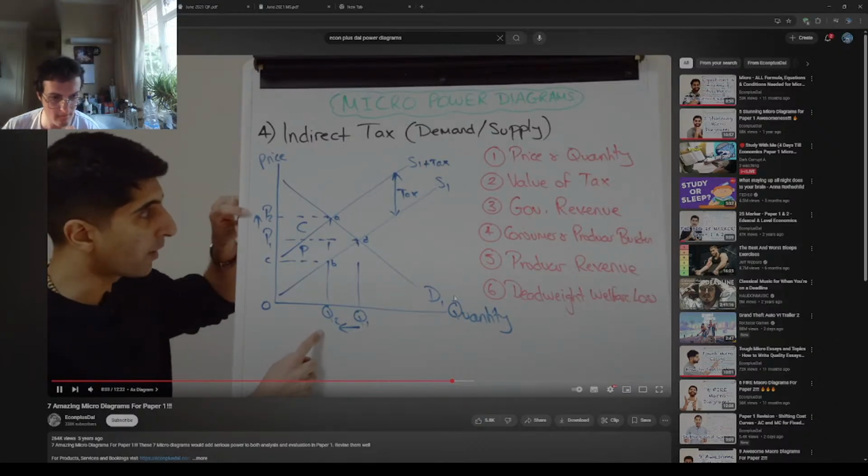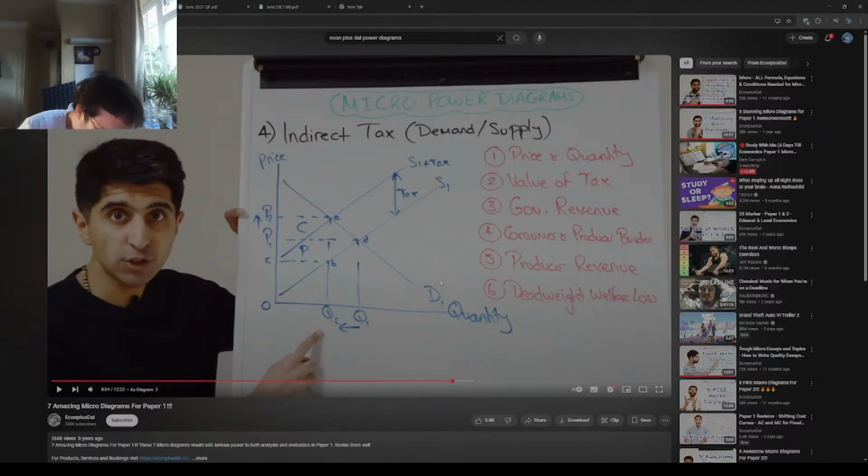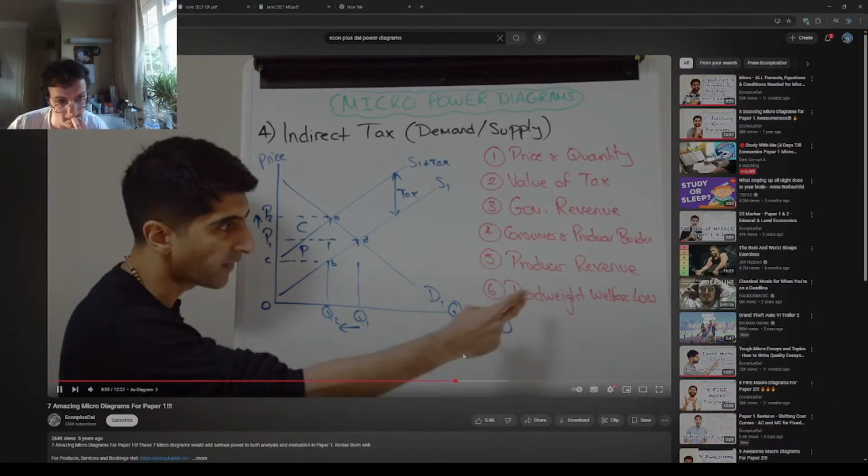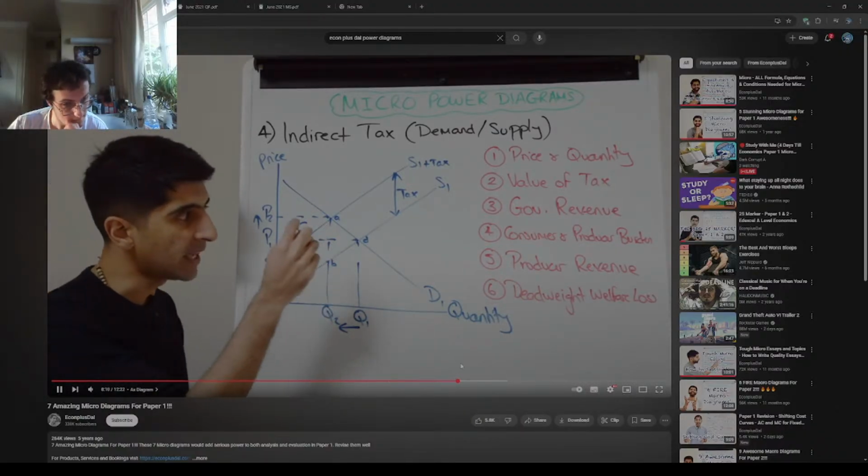Producers are selling Q2 at a price of P. Producer revenue 0 C, I'm going to call this one D, so D C 0 Q1 P2. Remember we have to minus off the government revenue, that'll give us producer revenue, and then the deadweight welfare loss is the triangle A, B, D.